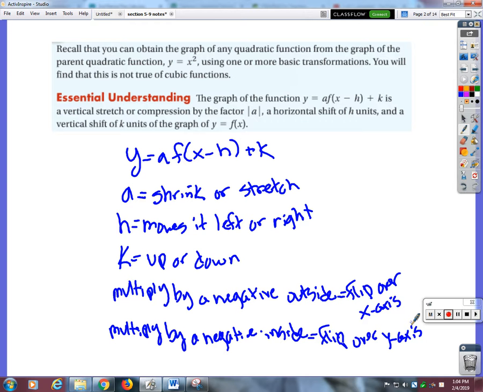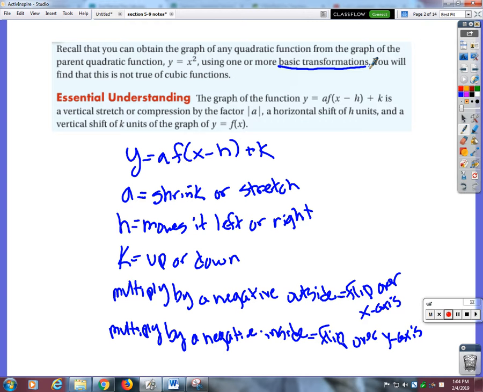Okay? So those are the different transformations. Those are your basic transformations. Like I said, we've done this a number of times with different kinds of functions. So you should be relatively familiar with these rules already.